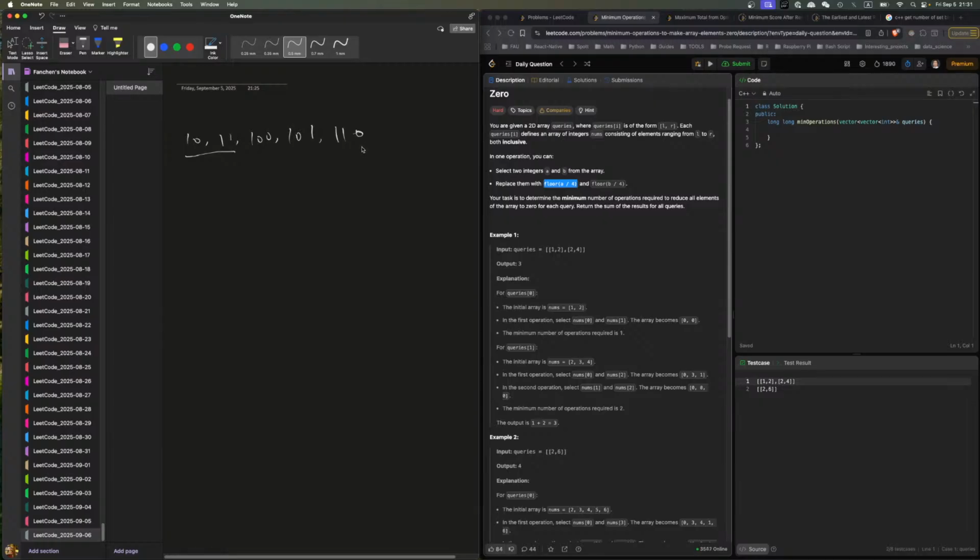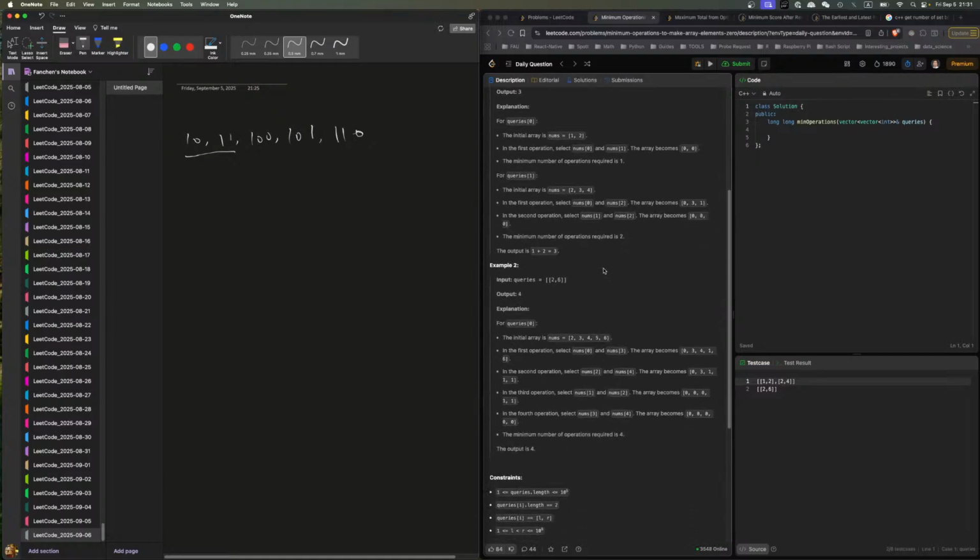One operation. No. Each operation is still 2. So these require 2 operations.